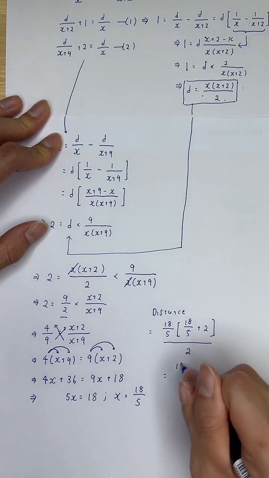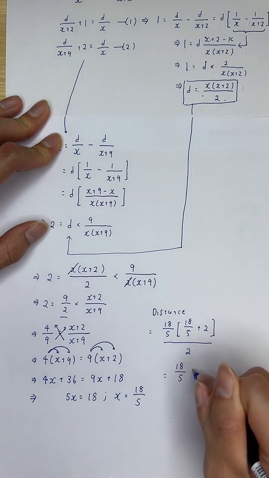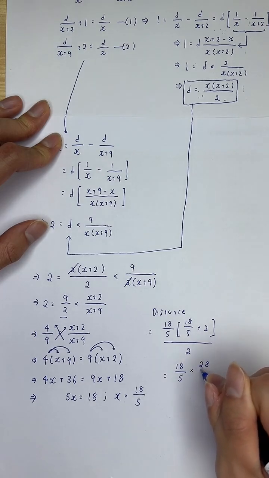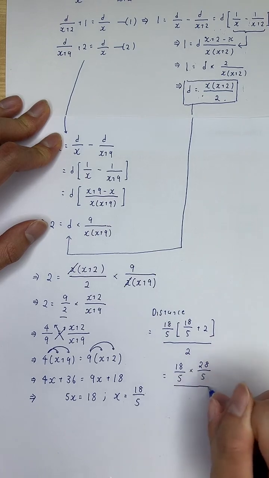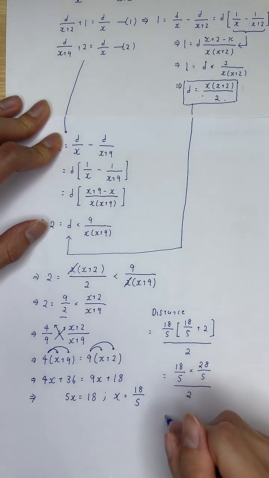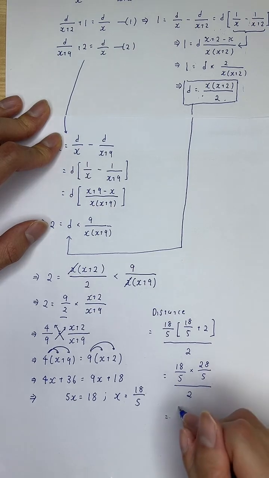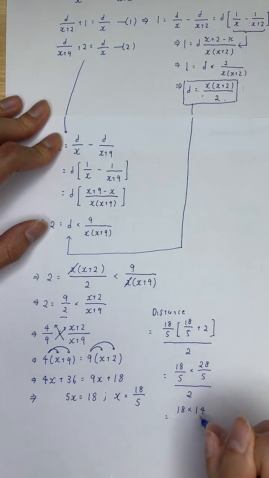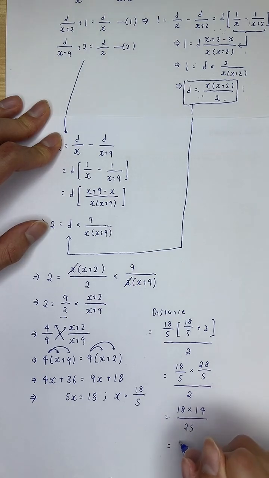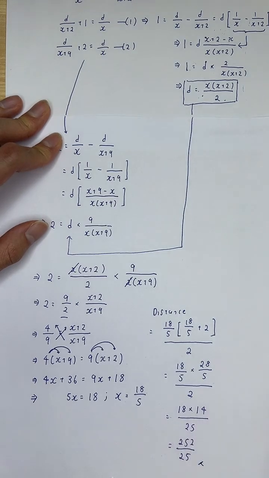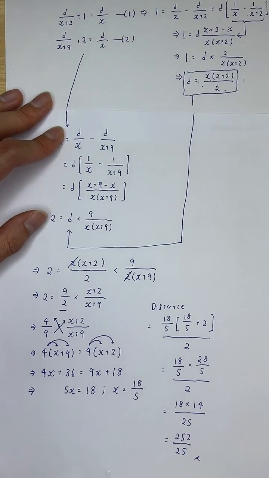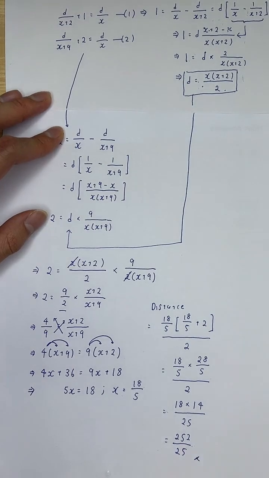We are going to obtain 18 over 5 times 28 over 5 divided by 2. So we can simplify this a little bit. We're going to obtain 18 times 14 over 25. And this is going to give us a final answer of 252 over 25. So the distance between the school and the park is 252 divided by 25 kilometers.